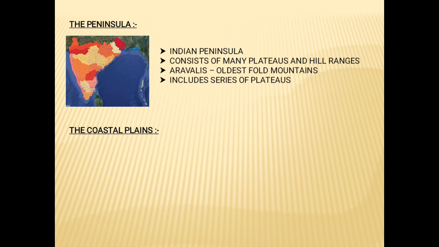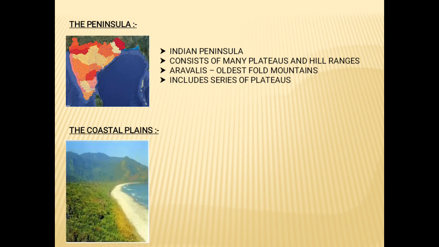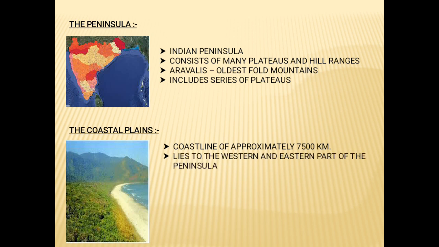Next we study about the coastal plains. India is blessed with a long coastline extending for approximately 7,500 kilometers. It lies to the western and eastern part of the peninsula. Its western and eastern coastlines show remarkable dissimilarities.